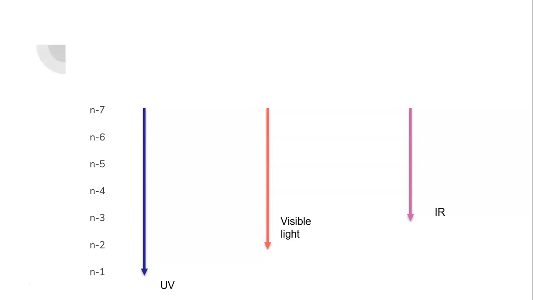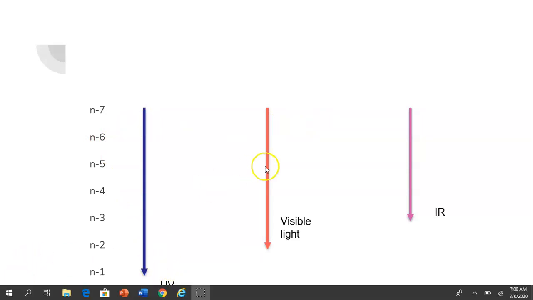So if it asks you from energy level 6 to energy level 1, you release UV light. If I was going from 5 to 2, I would release visible light. If I was going from 7 to 3, I would release IR. So you're just looking at your number and seeing where you're ending at. Your ending point is going to help you determine.